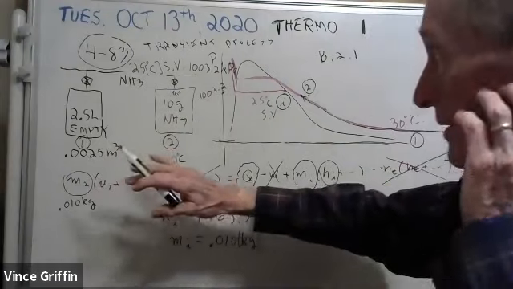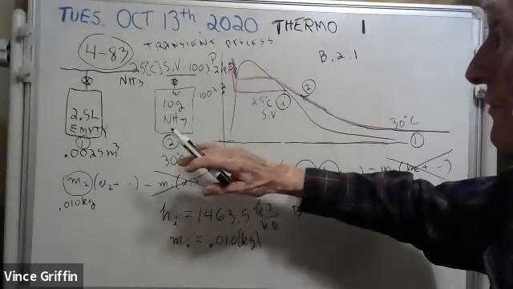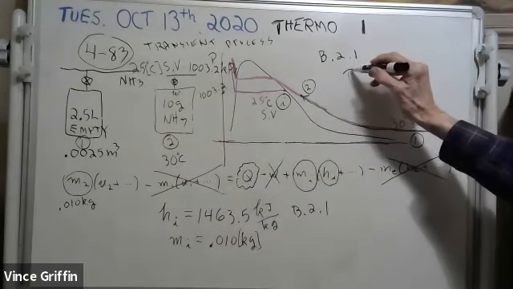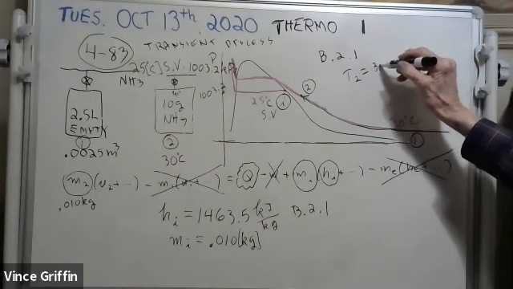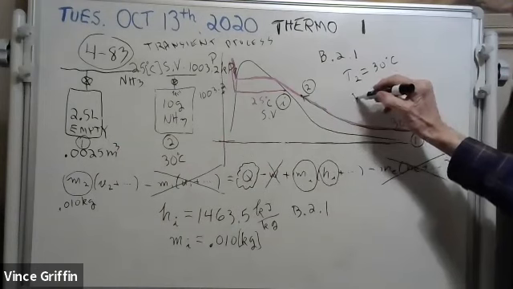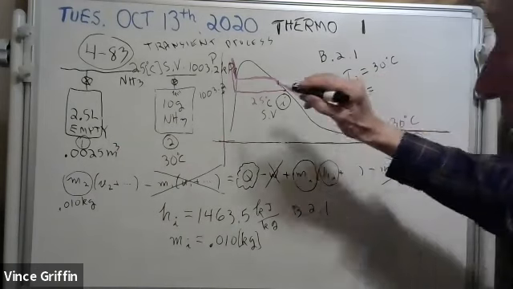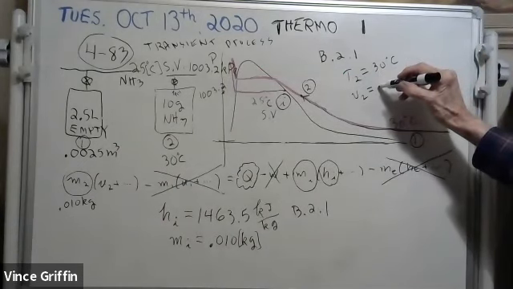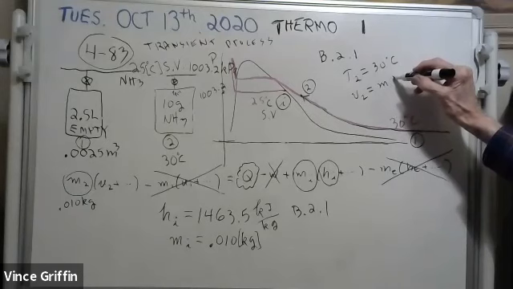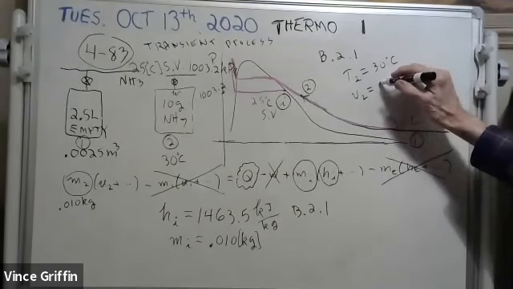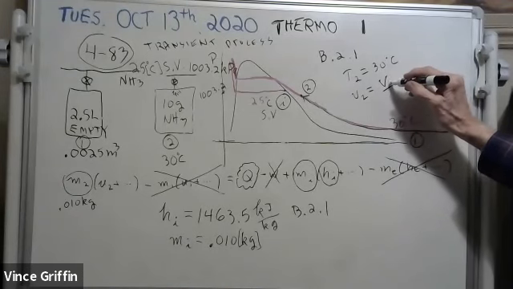Okay, now here's what we've got to do. We've got to find the specific volume. At state 2, I know the temperature. The temperature is 30 degrees Celsius. They said so, it's an isotherm. The specific volume at state 2 is equal to the volume divided by the mass.